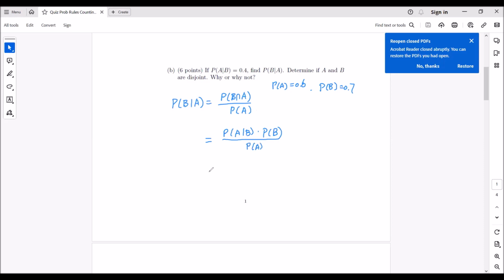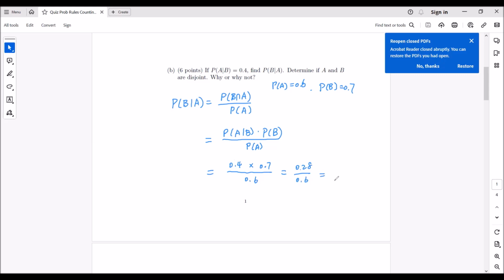Okay. So we know the probability of A given B, which is 0.4, and then probability of B 0.7, and then 0.6. All right. So you have 0.28 divided by 0.6.